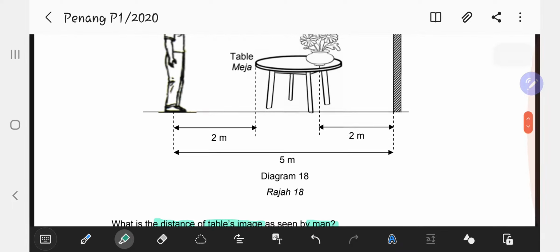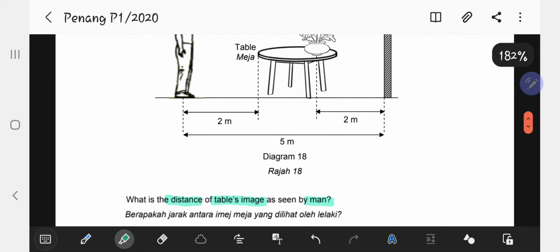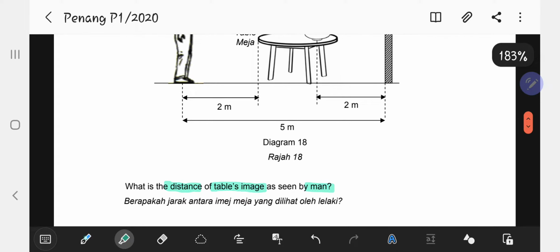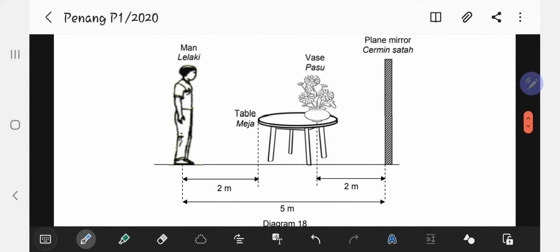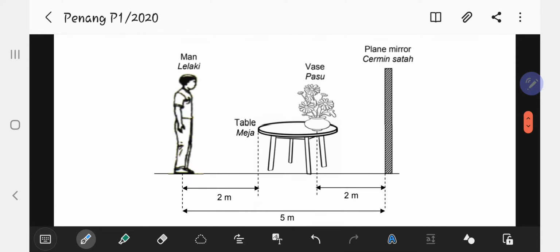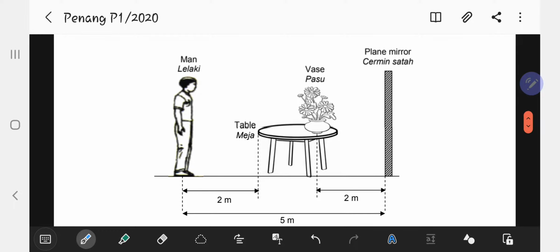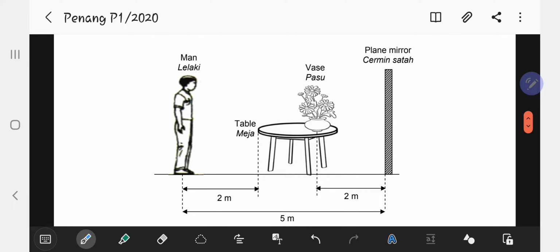In order to answer this question, you must know where the location of the table's image is. We know that the image for a plane mirror will be formed behind the plane mirror.